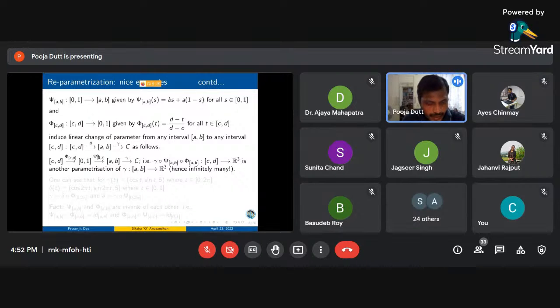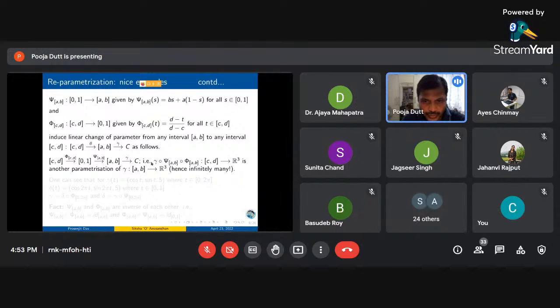So introduce function phi, sorry, not psi. Psi converts the interval 0, 1 to AB, and then phi converts CD to 0, 1. So then gamma compose psi compose phi, I can take it as theta.